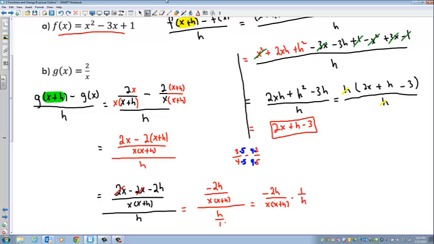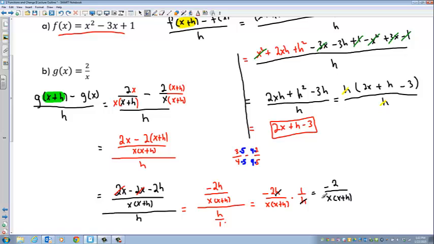And the reason I'm doing this is because then you realize that I have an h on top and an h on the bottom. So what happens to the h's? They're going to cancel because they're multiplying here and multiplying down here. And so this will equal negative 2 over x times x plus h.